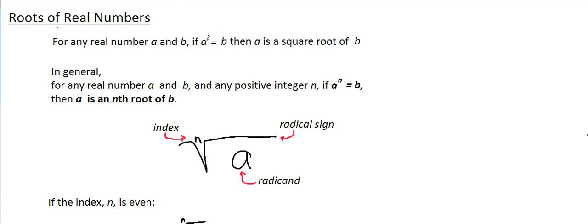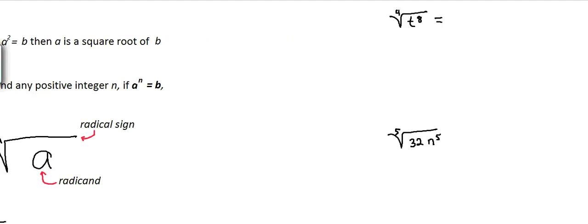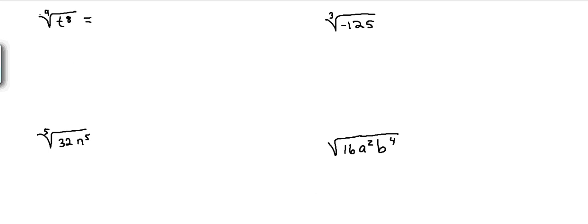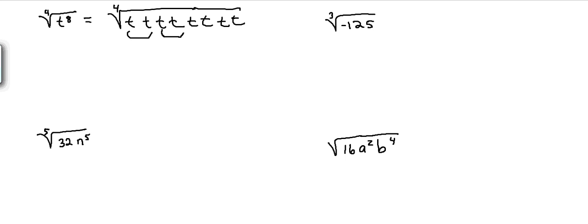Let's practice finding some more roots of real numbers. Here I have the fourth root of t to the eighth. The fourth root of t, I have 8 t's, right? And I want 4 sets, so I've got 1, 2, 3, 4 sets of t squared.